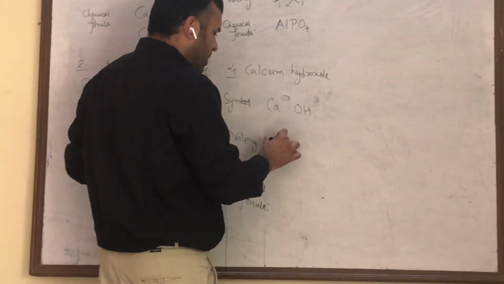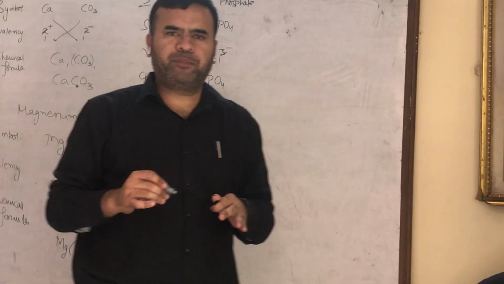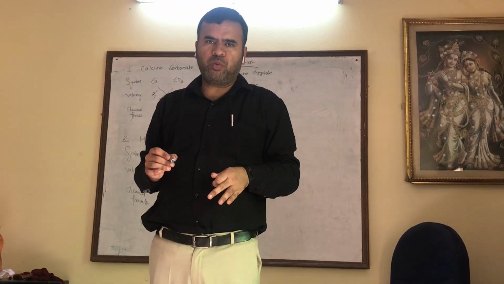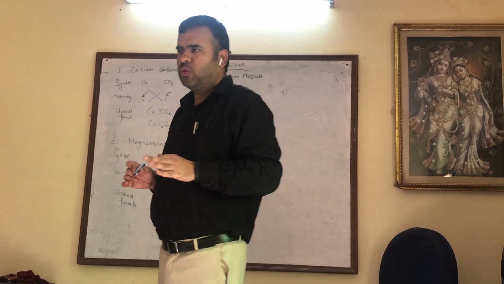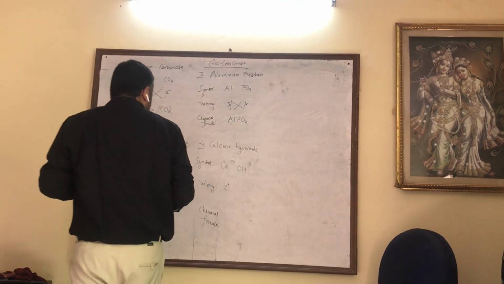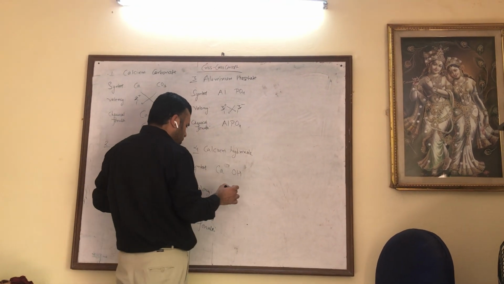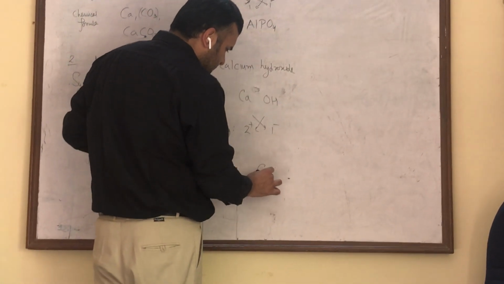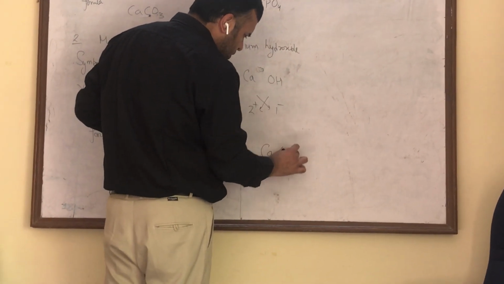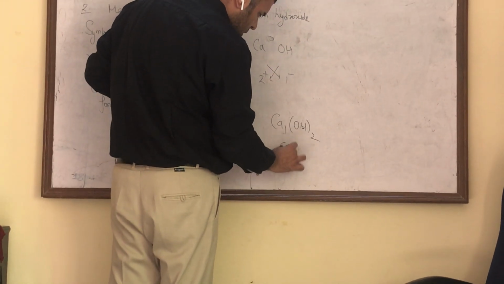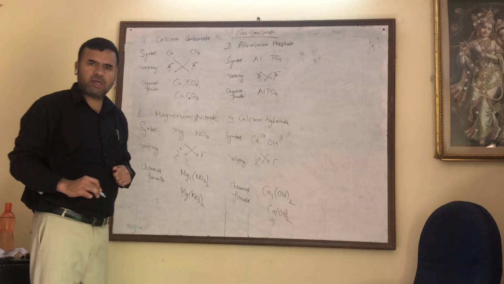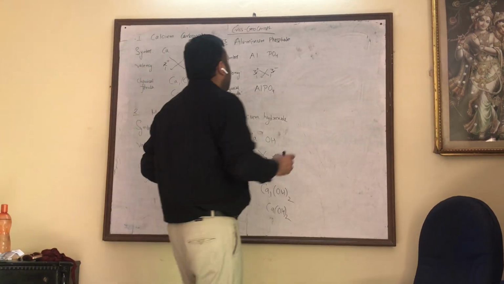Calcium valency is 2 plus. Its atomic number is 20. Electronic configuration is 2, 8, 8, 2. Valence electrons are 2. It's a metal, so in case of metal, valency is equal to number of valence electrons. Hydroxide is 1. Crisscross. It's Ca1, bracket OH whole twice. So it's Ca(OH)2, calcium hydroxide for you. Okay.